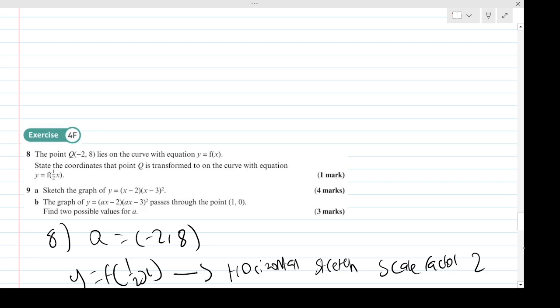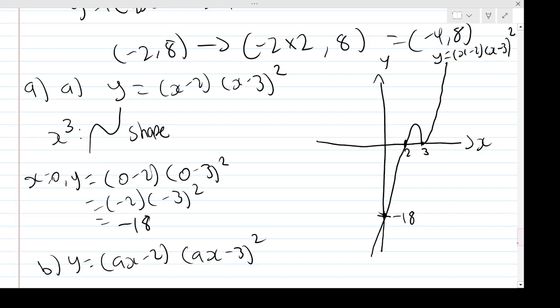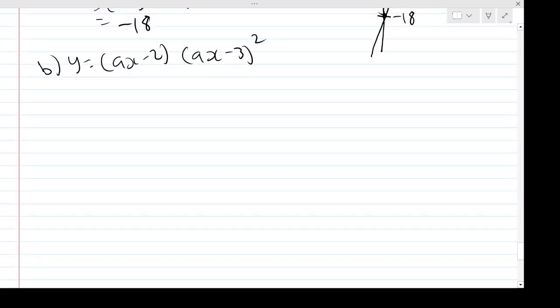Well, let's compare part by part. So I have x minus 2 here. I have ax minus 2 there. Then I have x minus 3 squared. I have ax minus 3 squared. So the x's again are just being changed to ax. So all the x's are being multiplied by a. If I was to express this as f of x, well, ax minus 2, ax minus 3 squared, that would be equal to f of ax, wouldn't it?